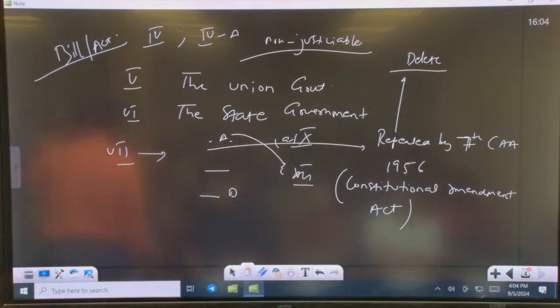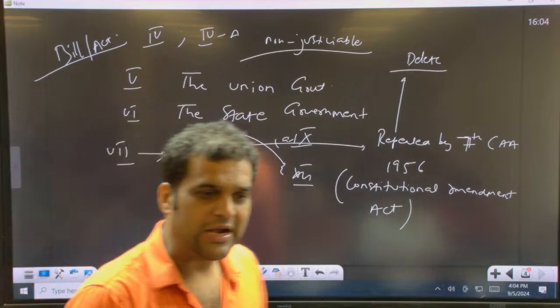We'll discuss it later. In fact, 99% of things don't require amendment to the constitution. They are done by passing simple acts and by repealing simple acts. Repeal means delete. So this was repealed by the 7th Constitutional Amendment Act 1956.